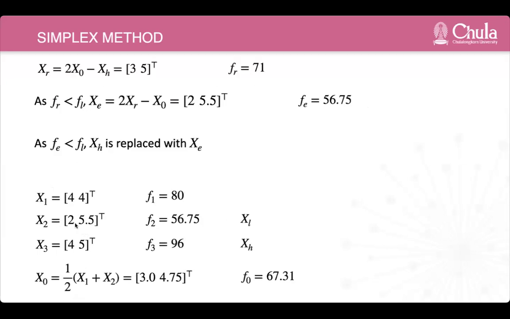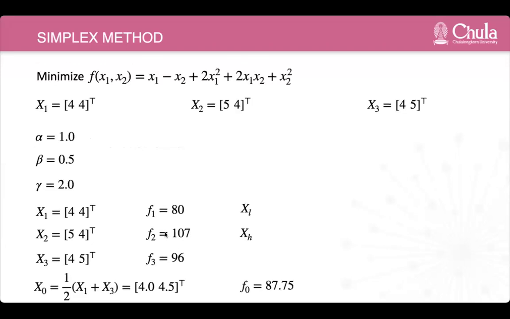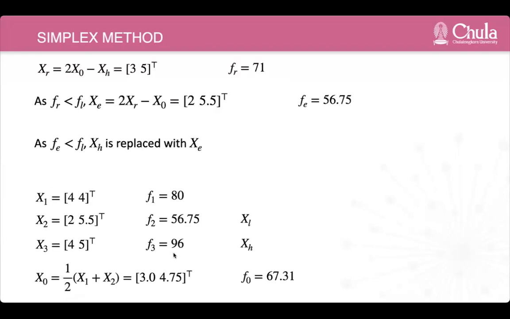You see, we replace that (5, 4) here. So now the best one is this one. X2 is our best point. And F3 here is the XH in this round.